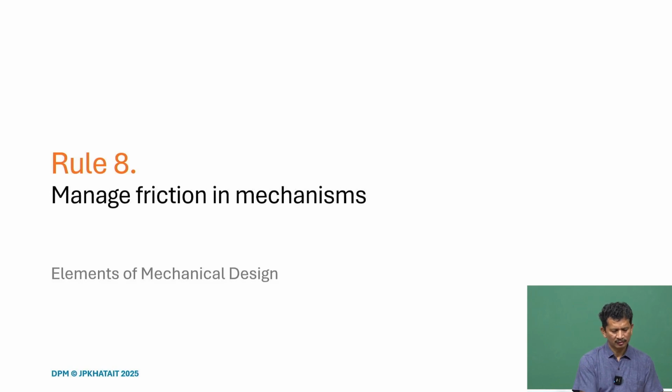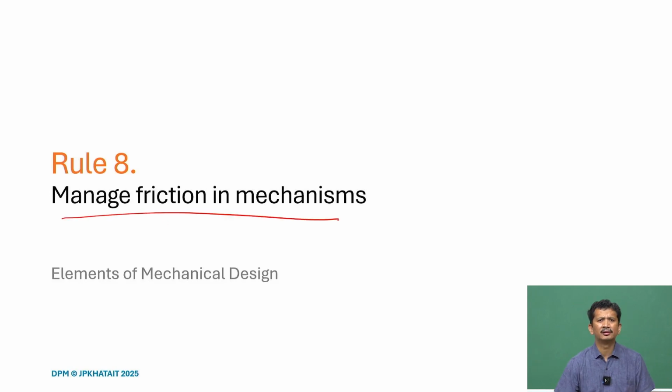And the next design principle or rule is to manage friction in mechanisms. Whenever we talk about precision machines or high repeatability, invariably we will be talking about friction and how to manage friction in mechanisms. So, this is a very important topic when we are talking about precision machines.